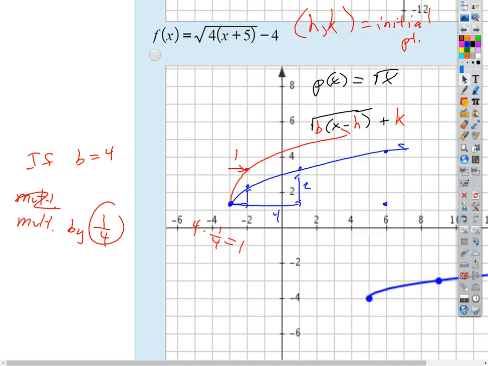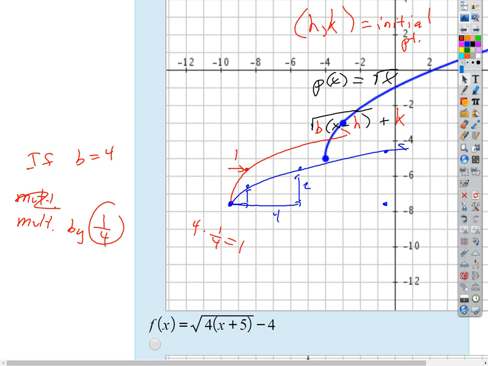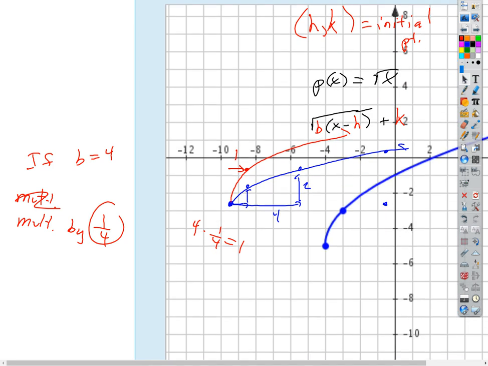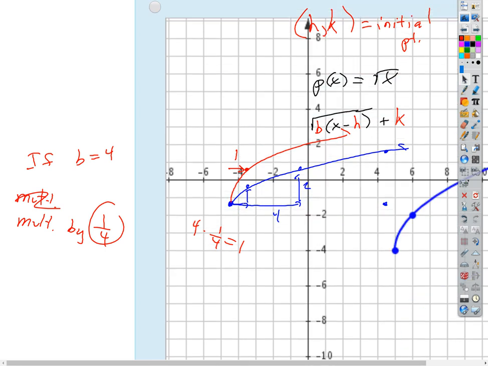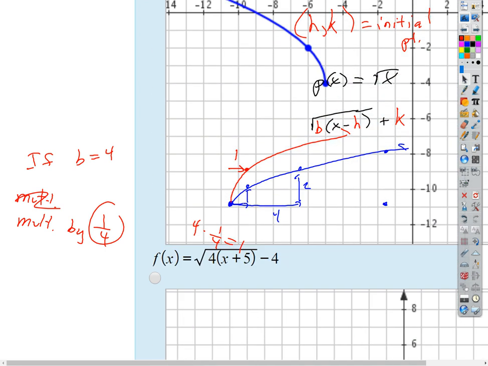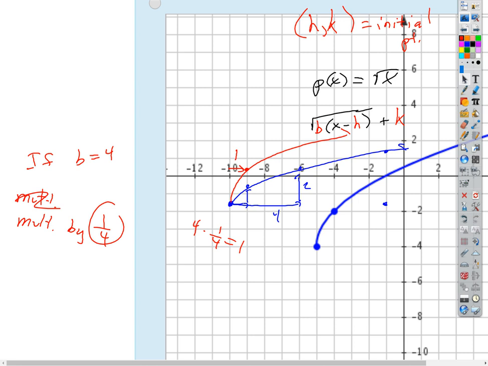Not that one. That one right there, isn't it? Not quite. There it is. -5, -4, over 1, up 2. That's it. Everybody see it?